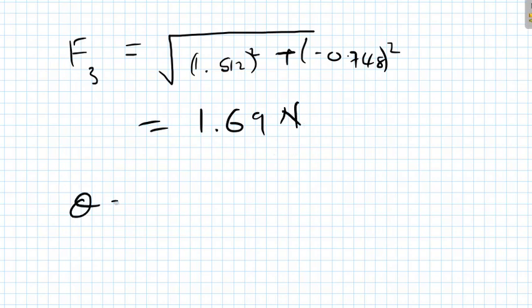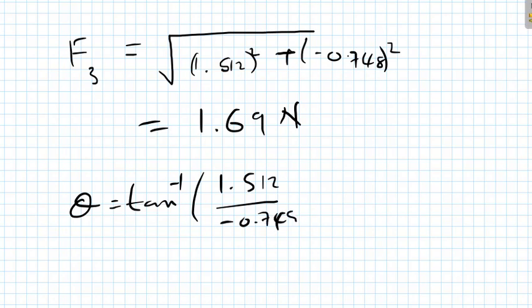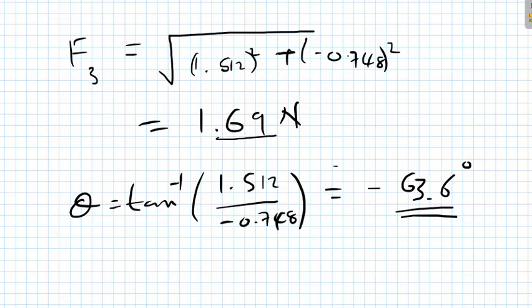Then to find the angle, theta is equal to tan inverse of minus 0.748 over 1.512, and the answer we get there is negative 63.6 degrees. So this is our answer. The magnitude is this and the direction is this.